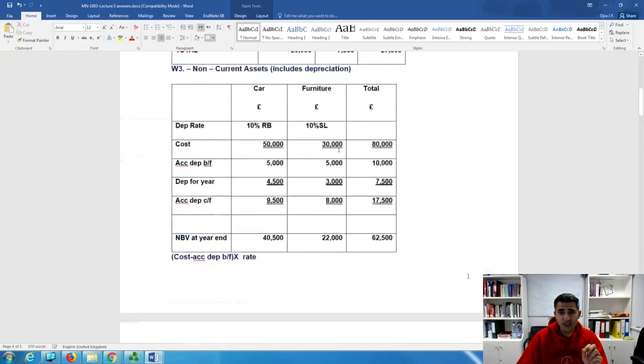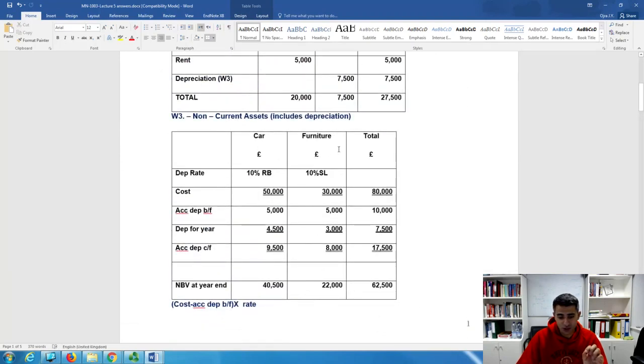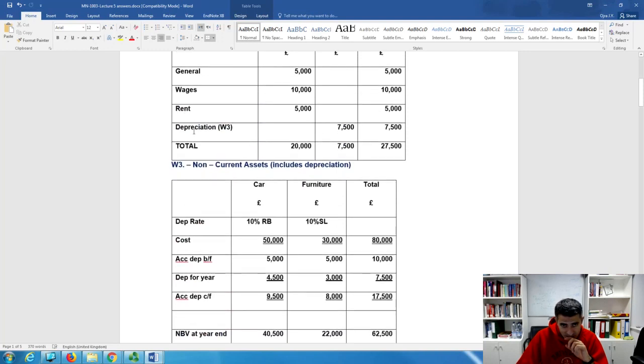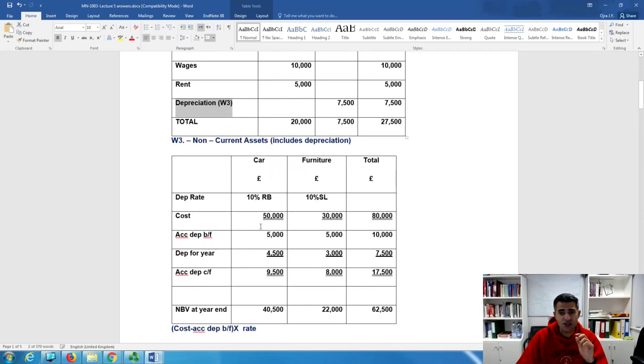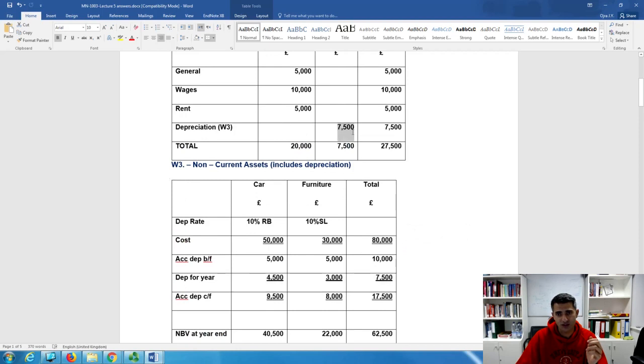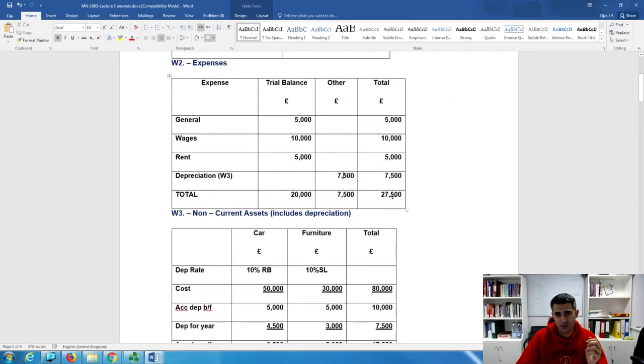Now working 3 is done, but if you remember, we haven't completed working 2, right? So in working 2, what's missing here? The depreciation charge, depreciation expenses. As you see, the depreciation expenses, if you add them together, is 7,500. So 7,500, you write it here. In this case, you complete the workings, and the total expenses should be 27,500 pounds.